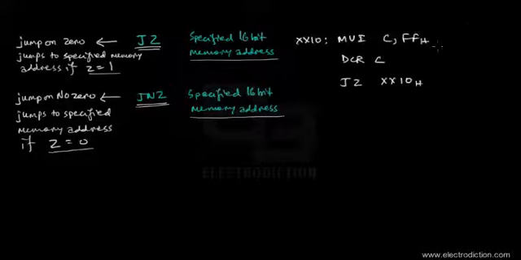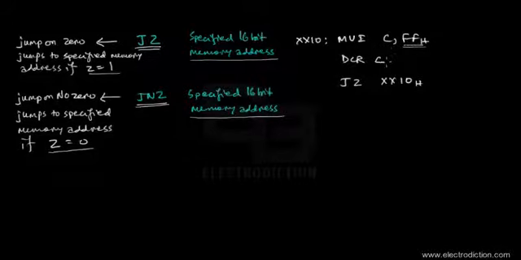Now, as an example for the jump on 0 and jump on no 0 instructions, I thought of showing this particular programming code. You can see that we have written about 3 lines of code where we're loading the register C with the data byte FFH.